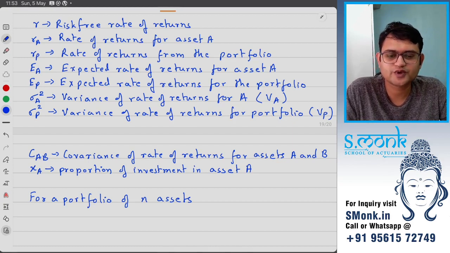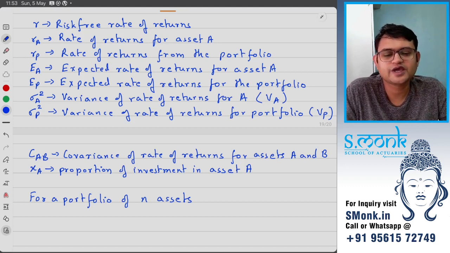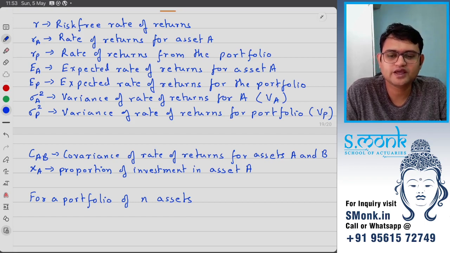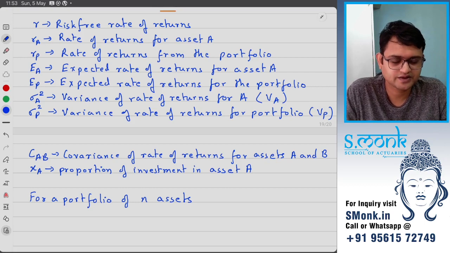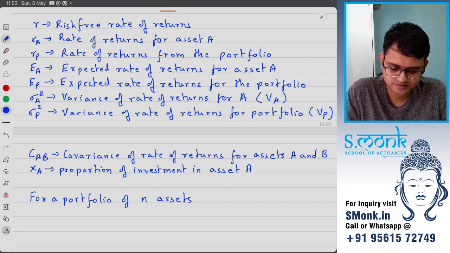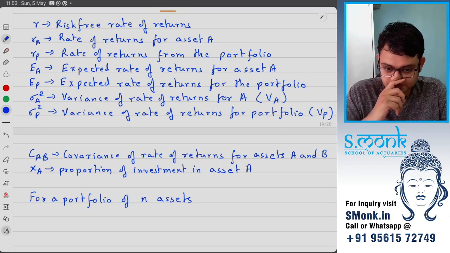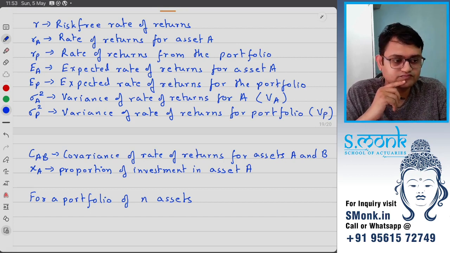So proportion we are going to take as a ratio of 1. So we'll assume we have invested 1 rupee and how much I will invest in A would be XA. Any problem here?